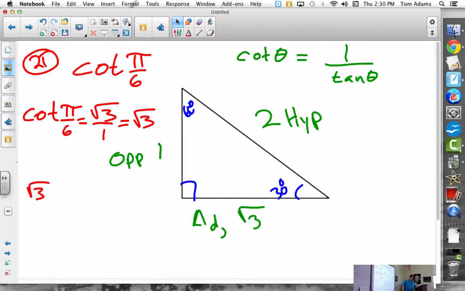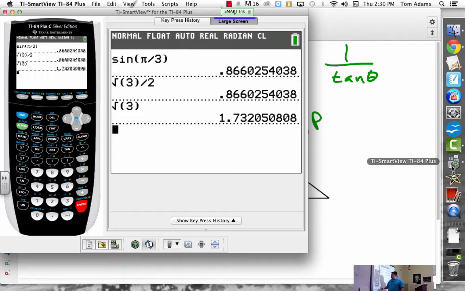Right? You just flip it. So if that's the case, then what I could do is 1 divided by tangent of pi over 6. I think I said pi over 3, but you guys knew what I meant, right?